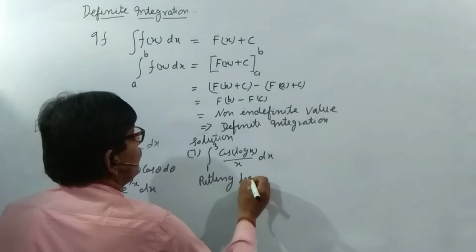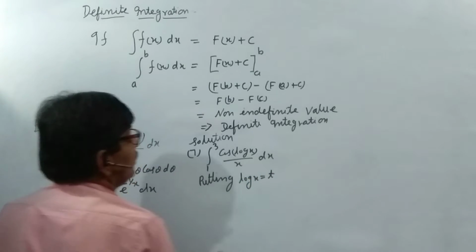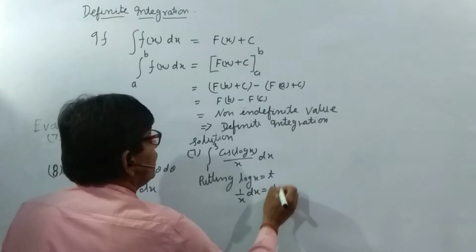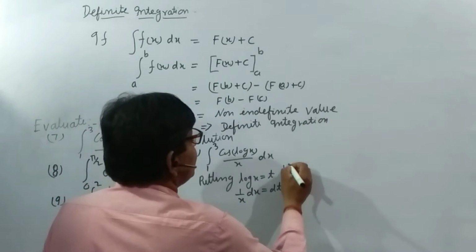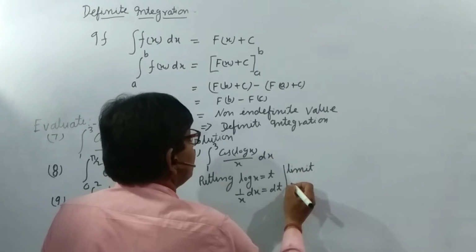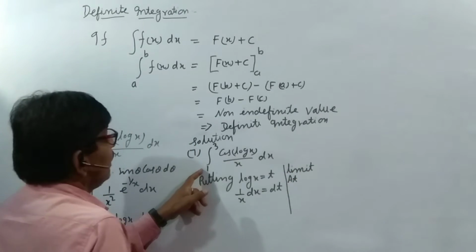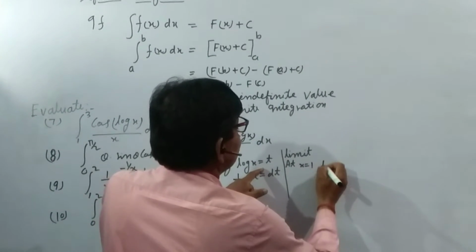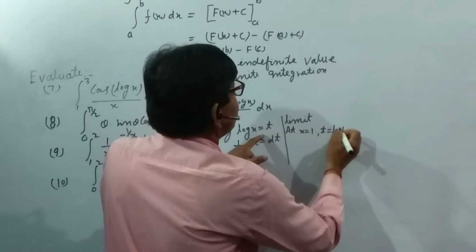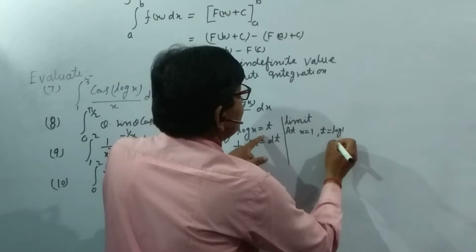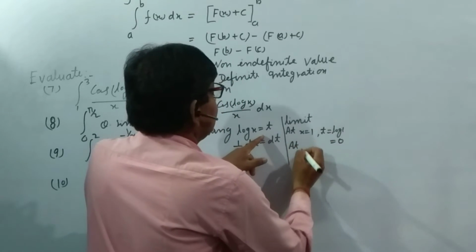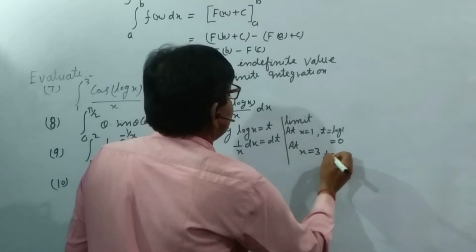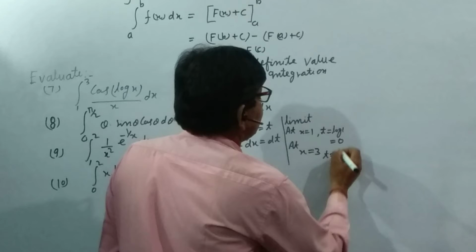log x equal to t, so that 1 by x dx equal to dt, and the limits will be: at x equal to 1, t equal to log 1, and the value of log 1 is 0; at x equal to 3, t equal to log 3.